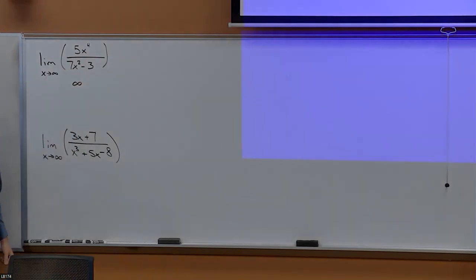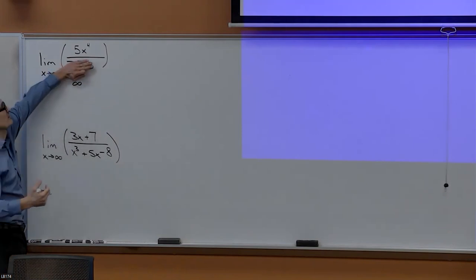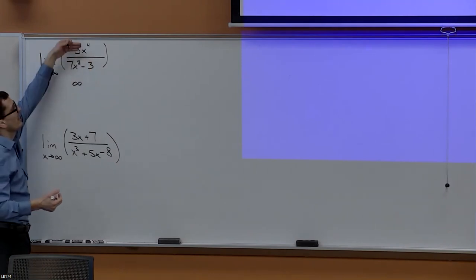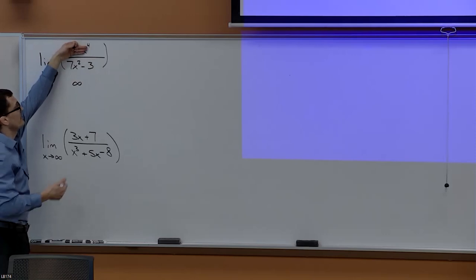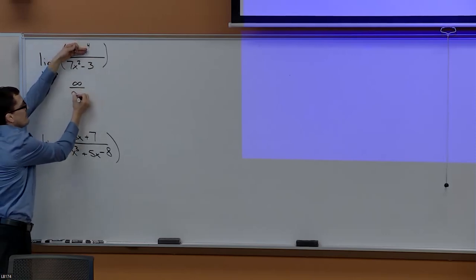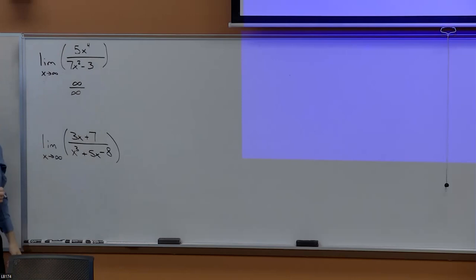So when I say plug in, I mean in terms of limits. So as x goes to infinity, the numerator is going to go to infinity. It's going to get really, really big. As x goes to infinity, also the denominator is going to go to infinity. So this is that indeterminate form, infinity over infinity. Anybody know what the limit of this thing's going to be?